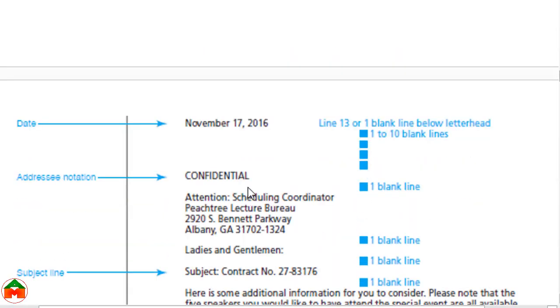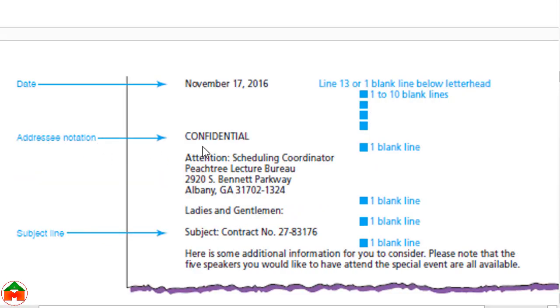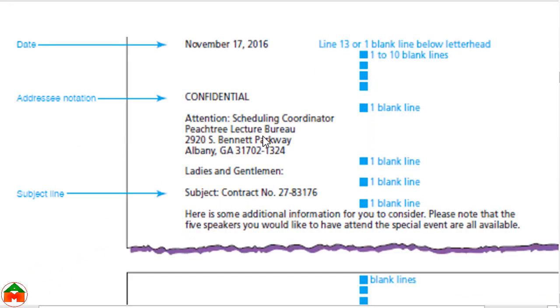Another format we can see, after the letterhead you will mention the date. Then this is called mailing notation. That means it's confidential, that's why you are mentioning it. And after that, we can see this is the attention line. That means the person to whom directly you need to send this letter.